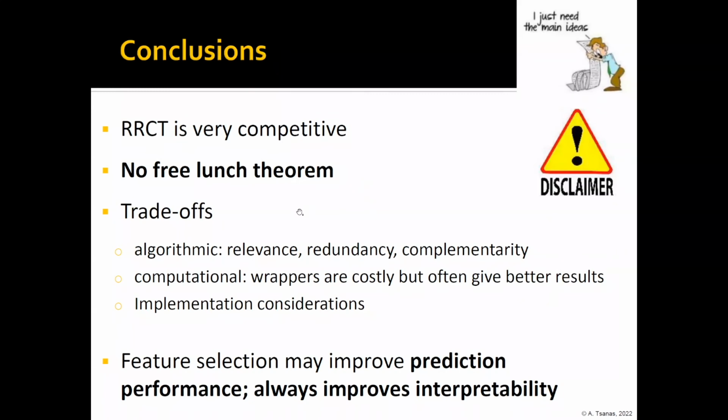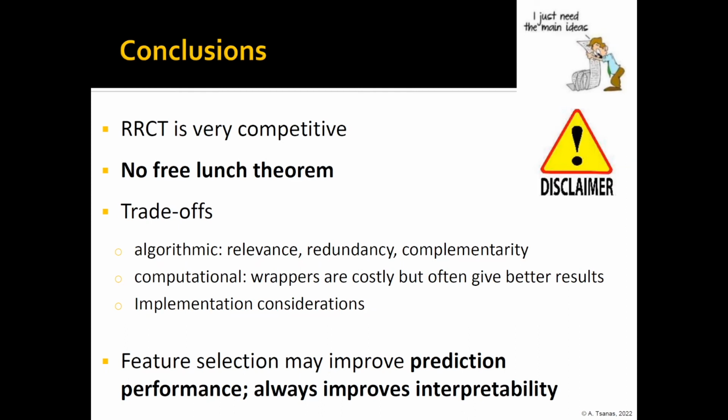Generally speaking, with feature selection, you must make some trade-offs, both in terms of algorithms; you have to understand the dataset, you have to understand the implementations and how things might work. In some applications, as I mentioned previously, it may make sense to work with wrappers rather than with filters, and they might give you better results.